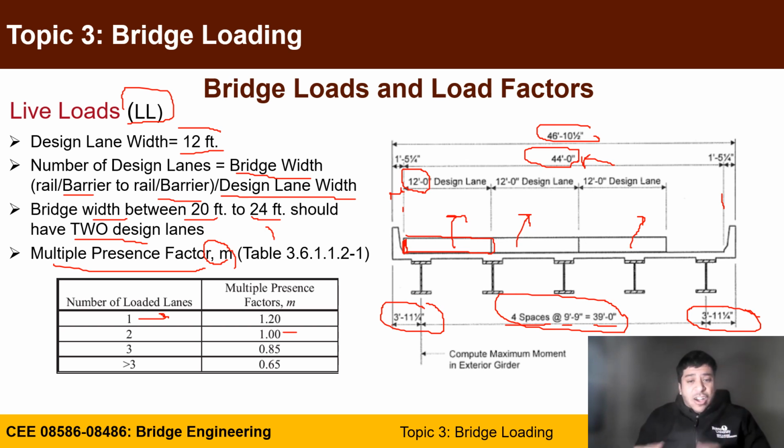But it's really hard to have three or four design trucks at the same longitudinal location, side by side. So this factor is called the multiple presence factor, the presence of lanes simultaneously. You need to use this factor to either amplify or reduce your loads.